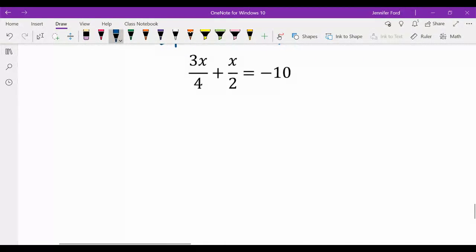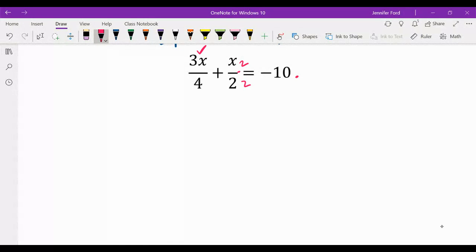All right, friends, last problem. Here we go. Try it on your own. Tell me what you get. All right. If I'm going to do a common denominator, my common denominator is going to be 4. So this first term already has 4. The second one I'm going to multiply by 2 over 2.